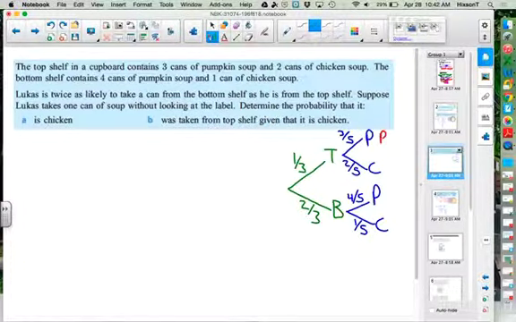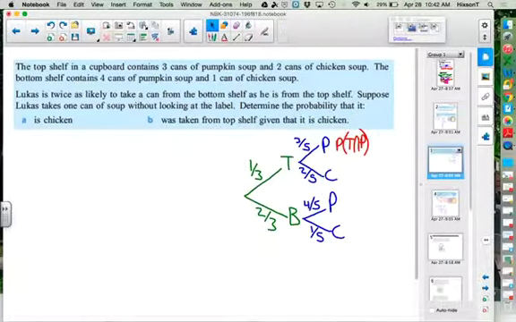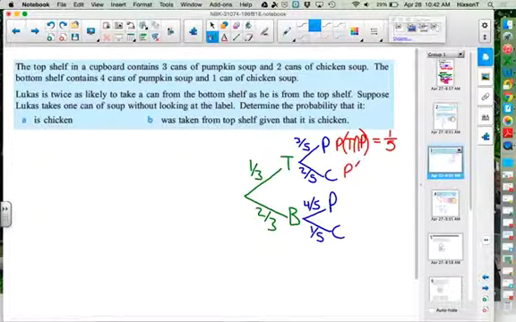So the probability of the top shelf and pumpkin is 1/5. You multiply them. When we get to here, we're finding the probability that we picked the top shelf and we picked chicken soup. So what's that probability? 2/15.